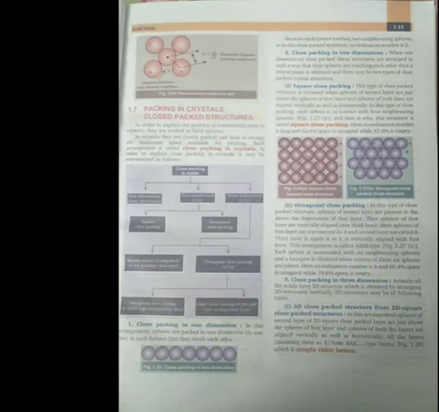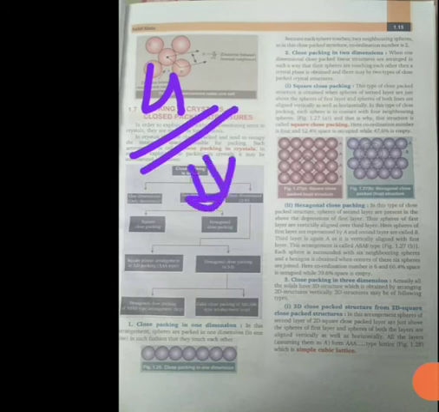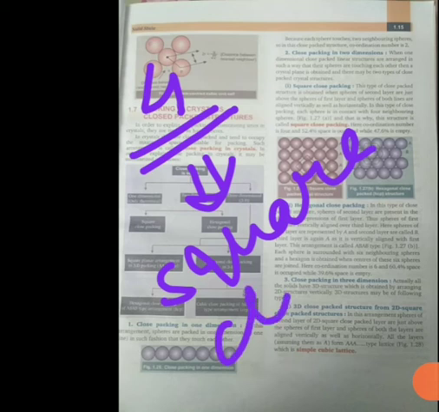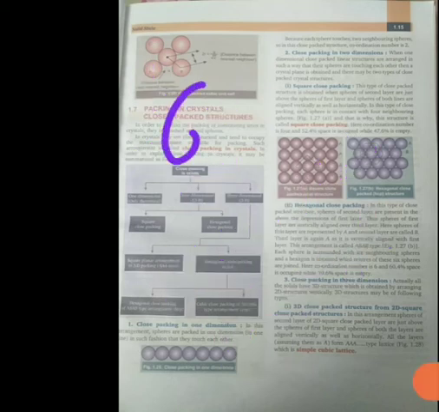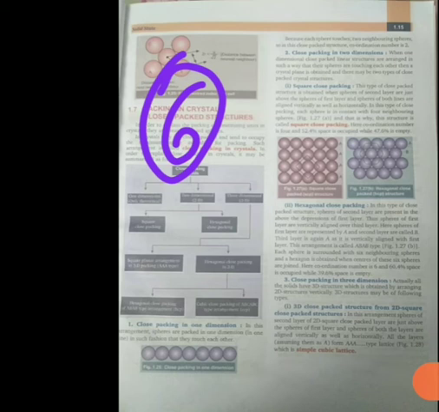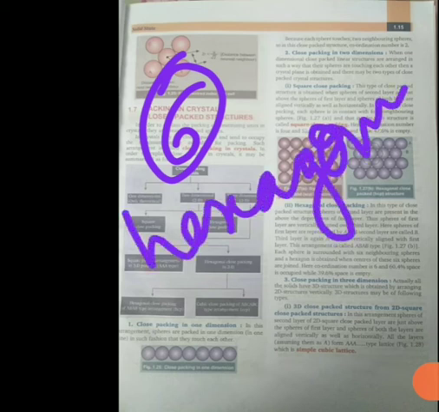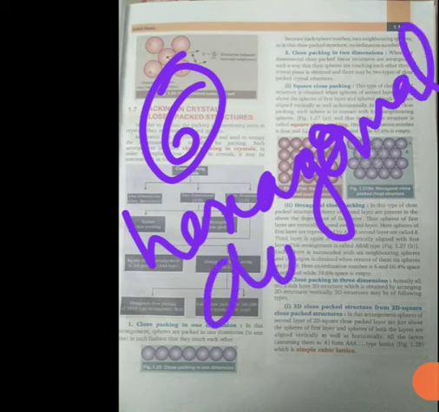Okay, 4 coordination number is for square close packing, and 6 coordination number is for hexagonal close packing.